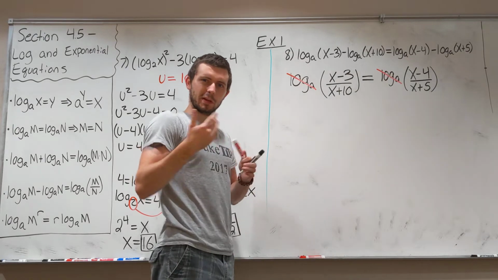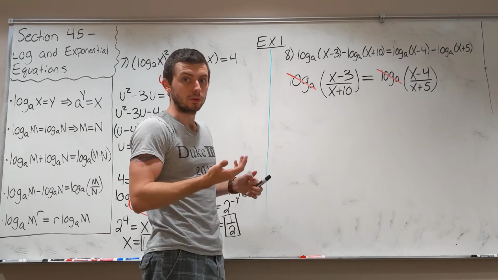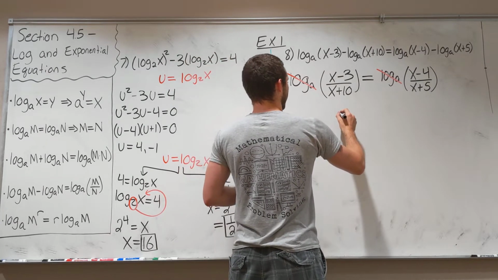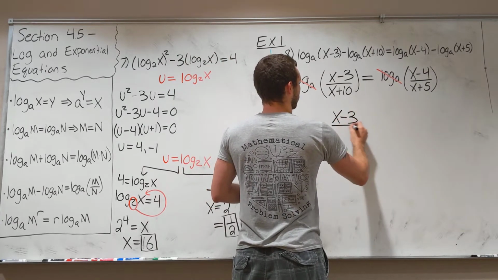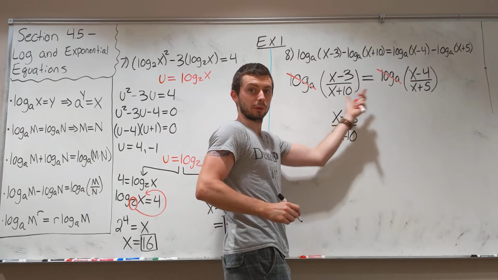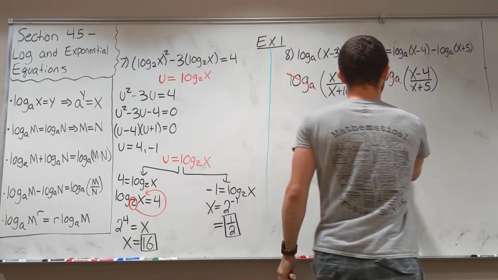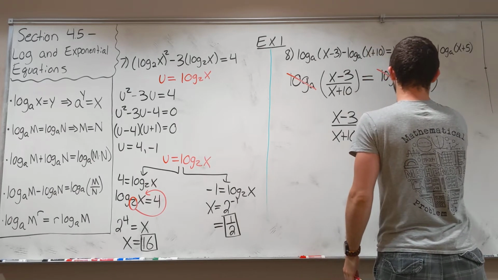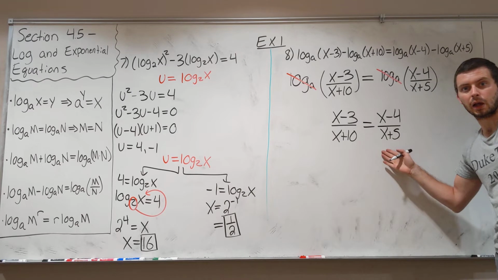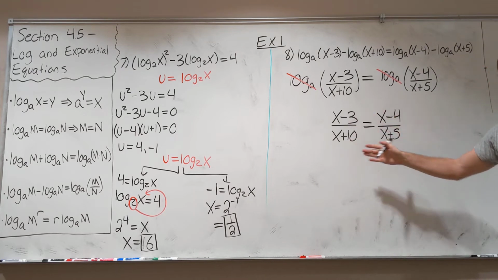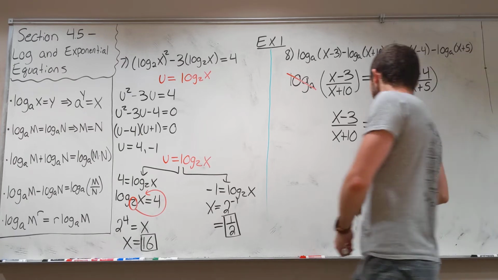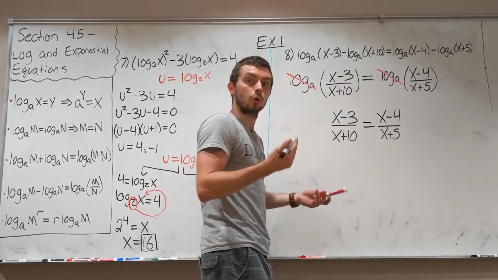We don't have this situation too often, but if we do, it works out very nicely. And so now what we get is simply what the logarithms were evaluating. Those are left over. So now it's a matter of solving this type of problem. And so from here, we can cross multiply.